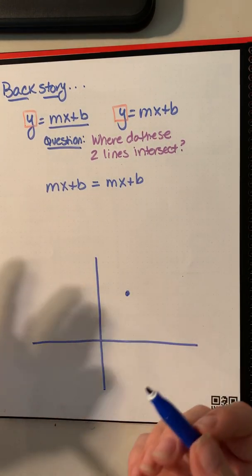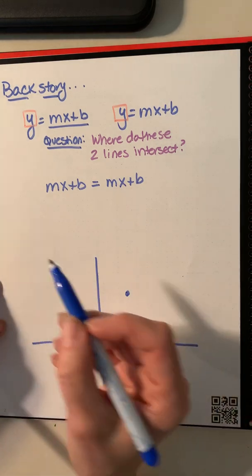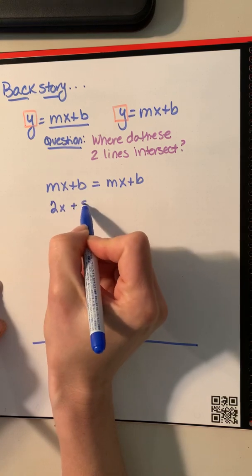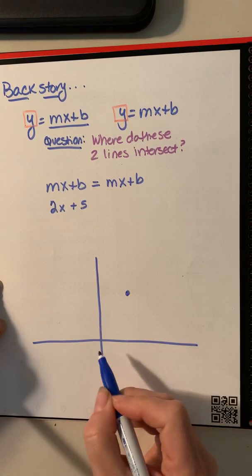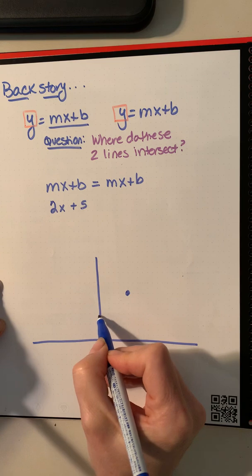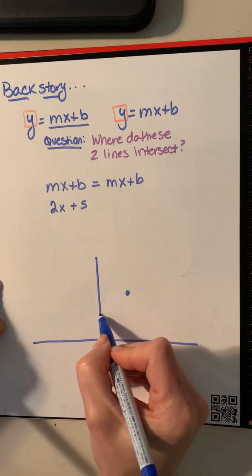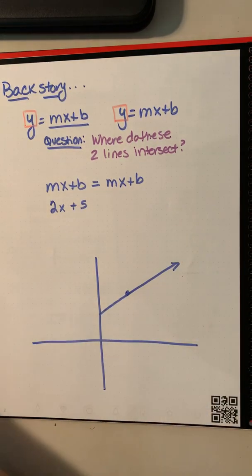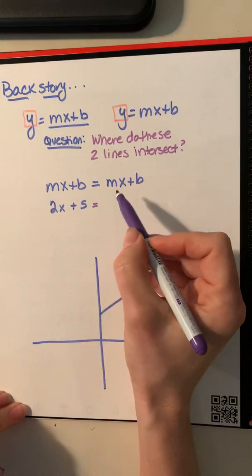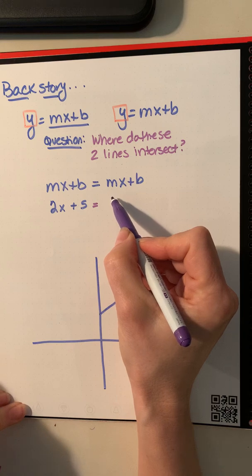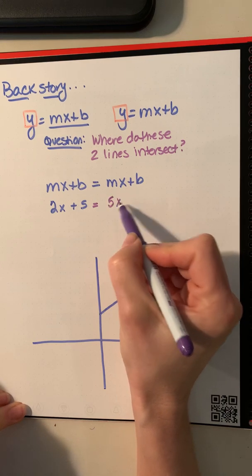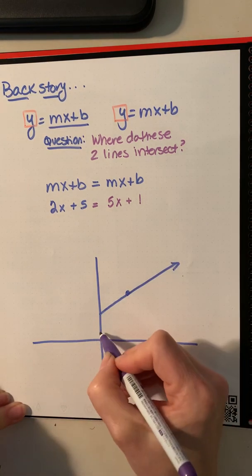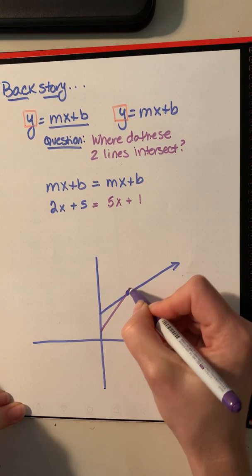So for instance, if we were just eyeballing this, if this was, let's say, 2x plus 5, we could say, well, that's about here, here's about 5, and it's going to increase at this rate, okay? And then if I said that this guy was, let's say, 5x plus 1, well, now we're just here at 1, but I'm going to increase at a faster rate.